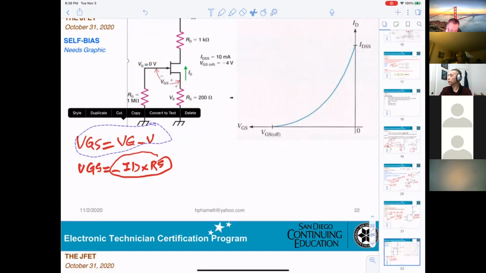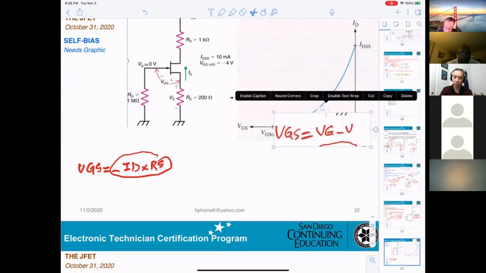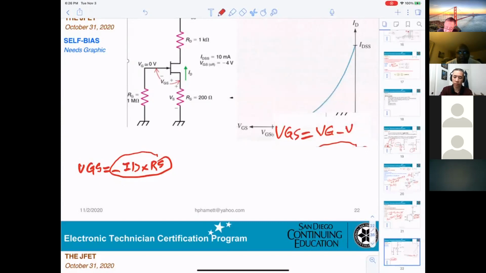I need the rule. So you get VGS equals minus ID times RS. Basically, you draw any line.